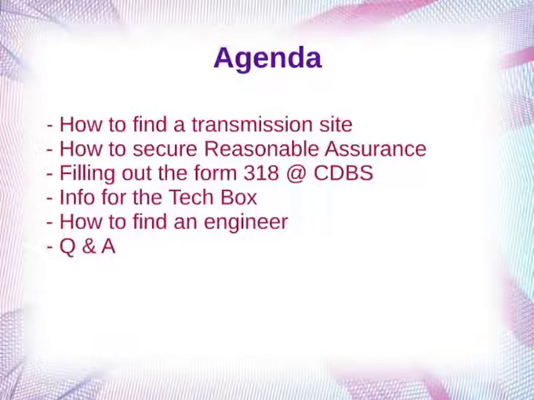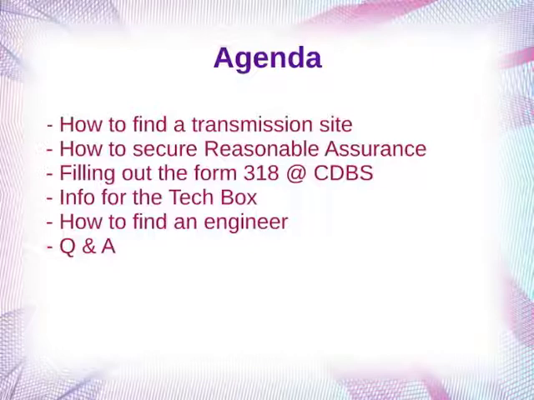So to get into the tech box, this section of the application is primarily related to the proposed location of your transmitter and your antenna for your LPFM. Now, finding a good transmission site is one of the most important things to having a really good, successful low-power FM station.